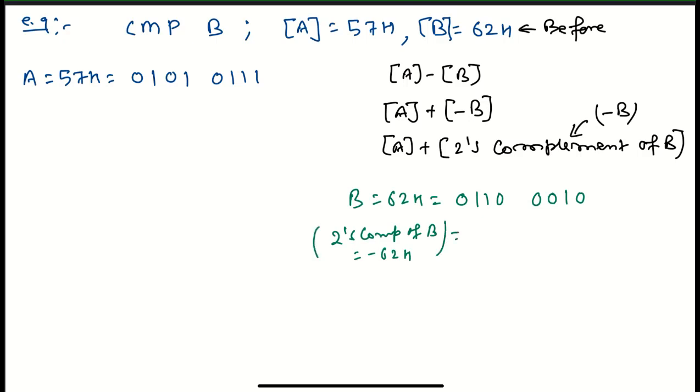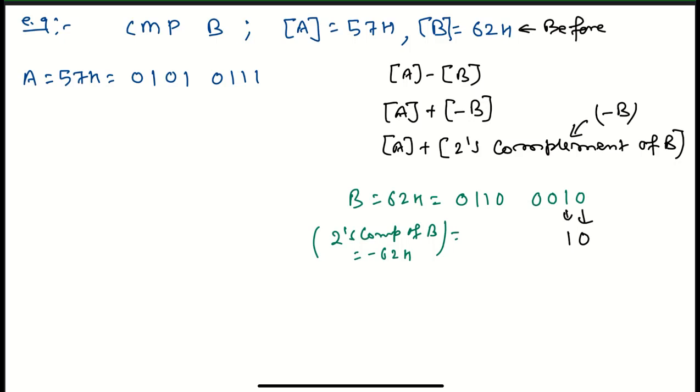If we take the 2's complement of these values, the 0 will be as it is, and the first non-zero value is this 1 here. After the first non-zero value, what are the bits we have to alter? 0 will change to 1, 1 will change to 0. That gives the direct 2's complement of a given number.